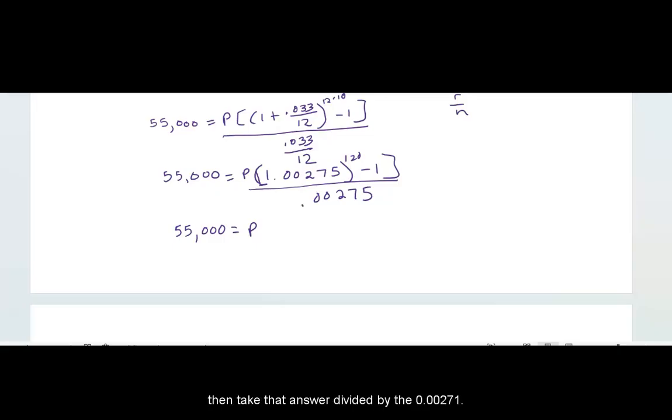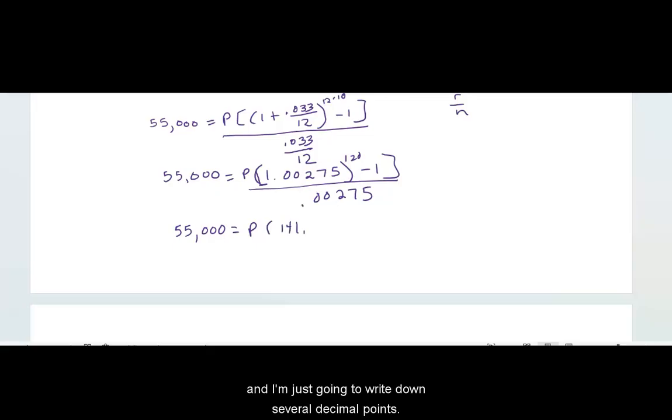Then take that answer divided by the 0.00275. So that you can do. We don't have to break it down. Well, we can break it down, but we don't have to. I'll show you what I see in my calculator. And I'm just going to write down several decimal points. The further out you go, the less likely you're going to have rounding issues. All right, so that's just from taking that to the power minus 1 and then dividing by 0.00275.